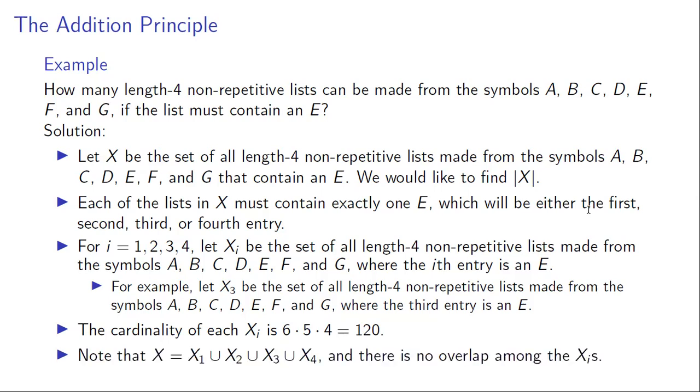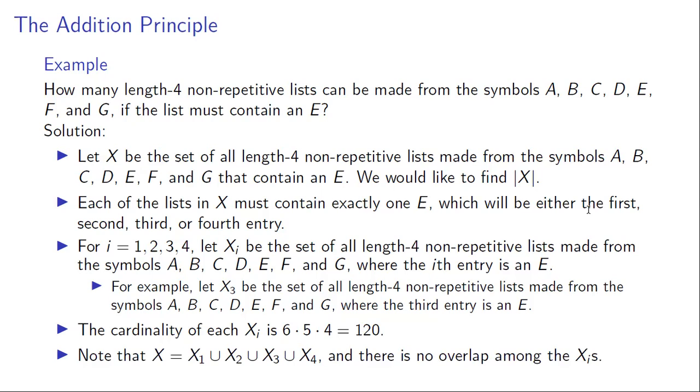Now we note that X is equal to the union of X1, X2, X3, and X4. The union of those 4 sets is equal to X itself. And there is no overlap among these little sets. Among the X sub i's, there is no overlap because, for example, the elements in X sub 1 have an E only in entry 1, so that's different from all the other sets.